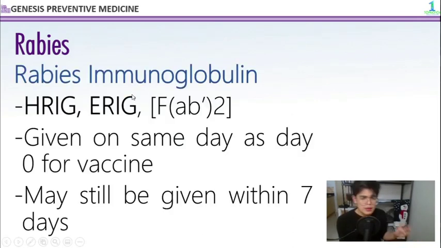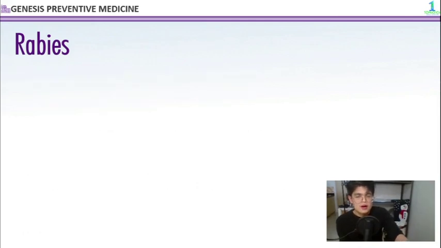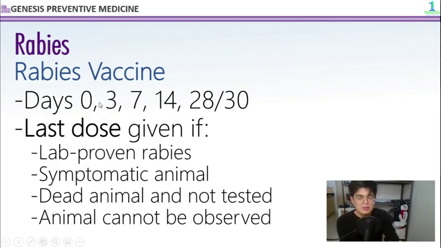So, you might ask, when do we count day 0? For vaccination with the rabies vaccine here, do we count day 0 as the day the patient was bitten, or the day when the first dose is given? Typically, the correct answer is we count day 0 from the day that they first come into the clinic.